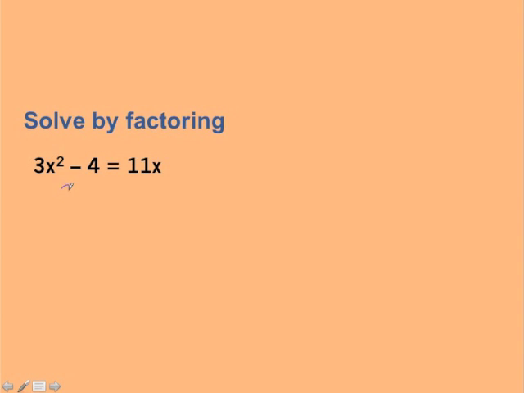Get it in standard form first: 3x squared minus 11x minus 4 equals 0. The only way to get a 3x squared is 3x and x. Signs are different. It's pretty big. Instead of 2 and 2 here, I believe I'm going to use the 4 and 1.